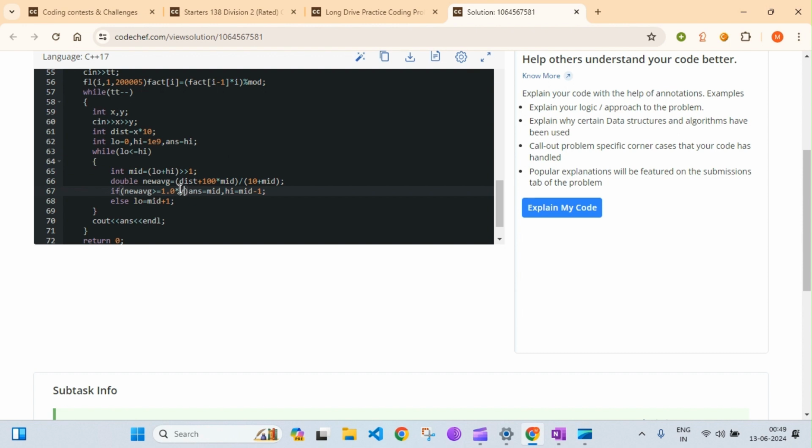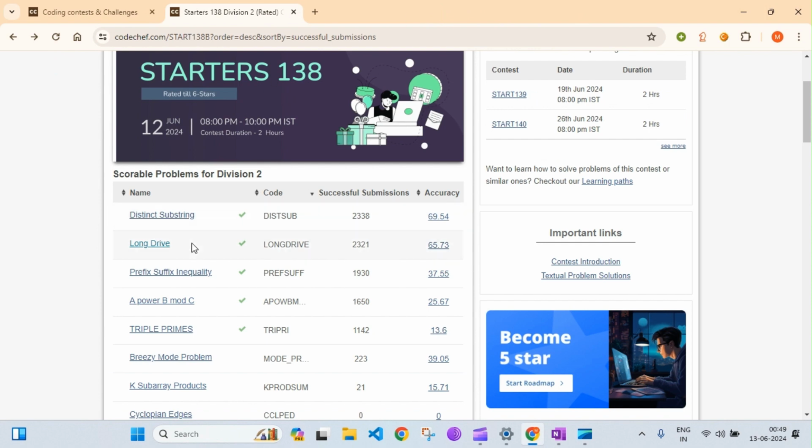Since new average is in double, that's why I have multiplied it with 1.0 so as to not mismatch the types. So if that condition is satisfied, then set your answer as mid and go for the lower values, or else go for the higher values, and at the end print your answer. So that's it for the second one.